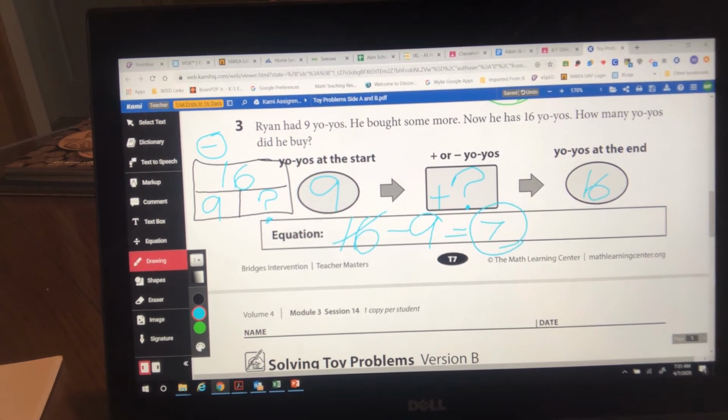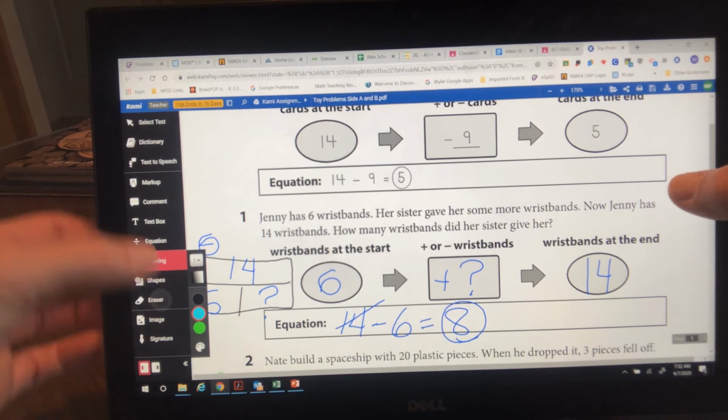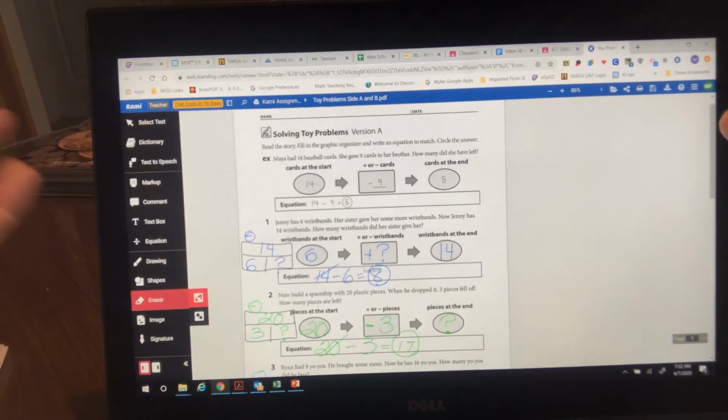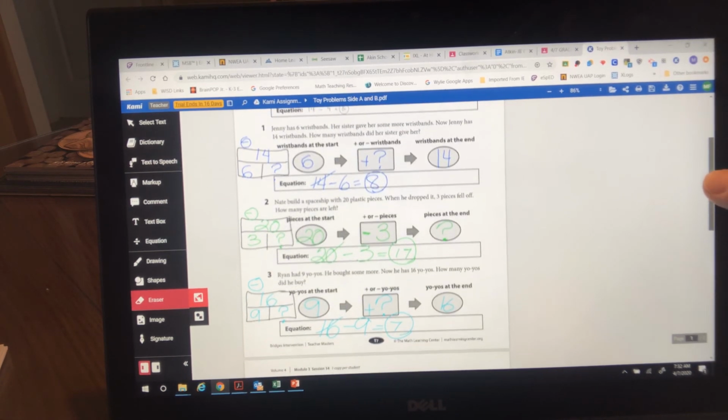Now, I know a lot of you like to rush through your work and get it done. I know a lot of you are not using your touch points. So I want you to write them down on a sheet of paper. I know that you know them. I want you to use them. Now, this side A is going to be completed just like this. We've done this together. So when you open this up, it's going to be done for you. Do not turn this in like this.